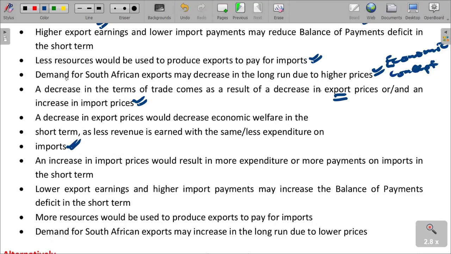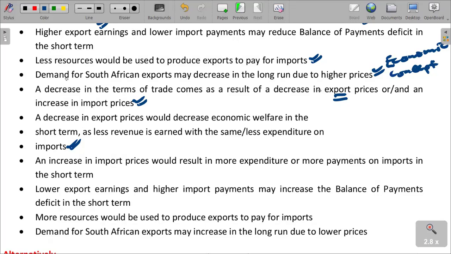We have the opposite scenario whereby when export prices decrease, the welfare of the people also decreases, because there's less income earned, because of the same expenditure on imports.